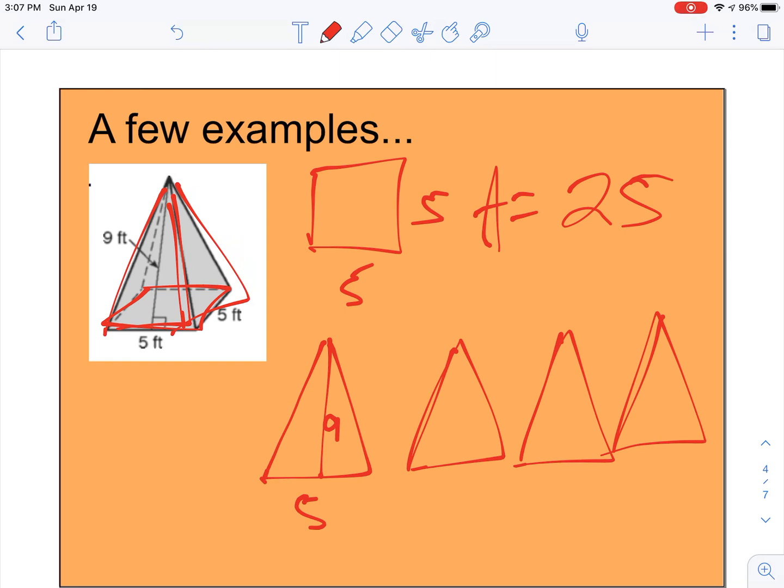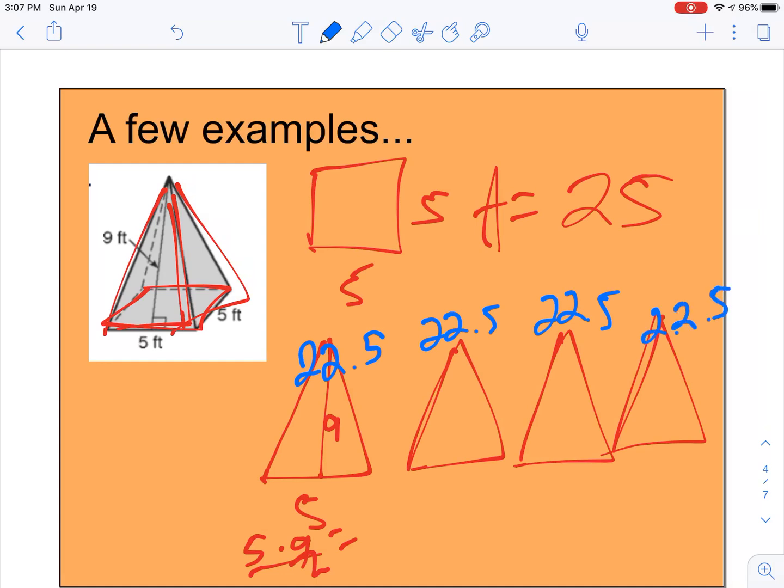Okay? So, base times height divided by 2. 5 times 9, all divided by 2. 5 times 9 is what? 45 divided by 2. 22.5. So that means every single triangle is 22.5 for its area. 22.5, 22.5, 22.5.